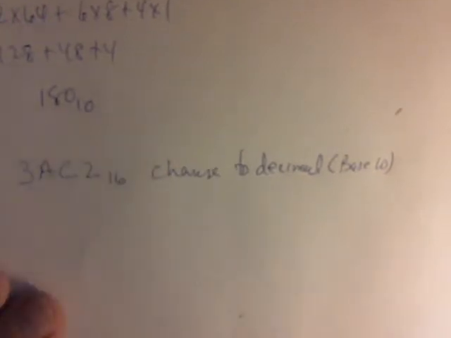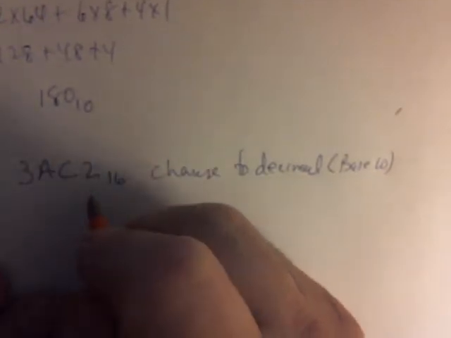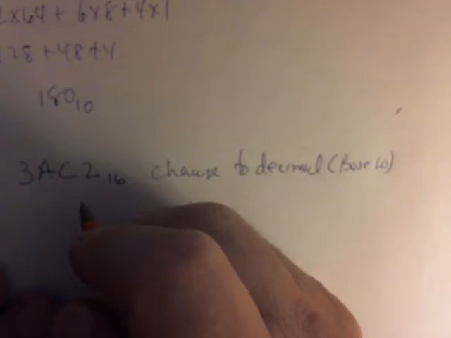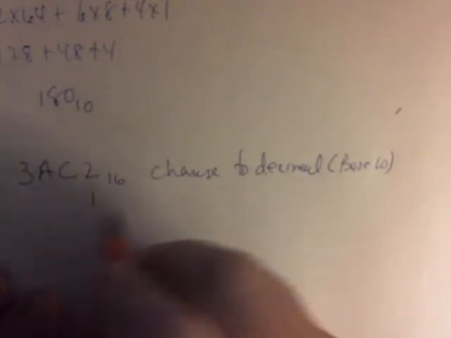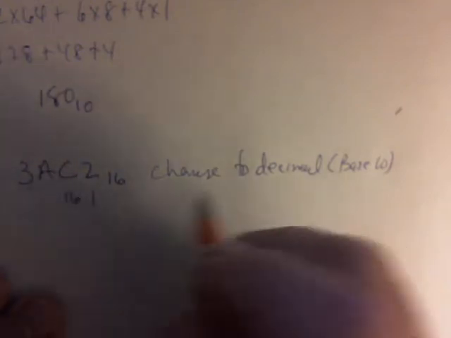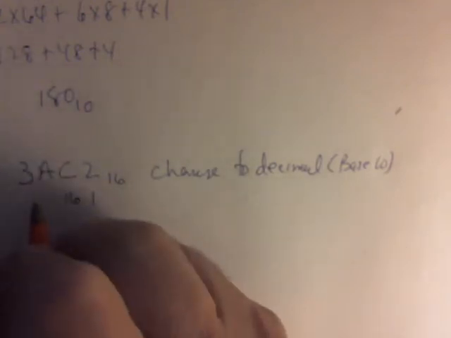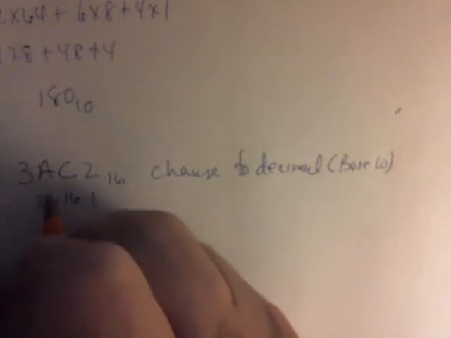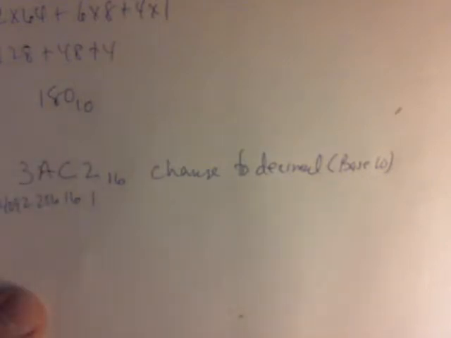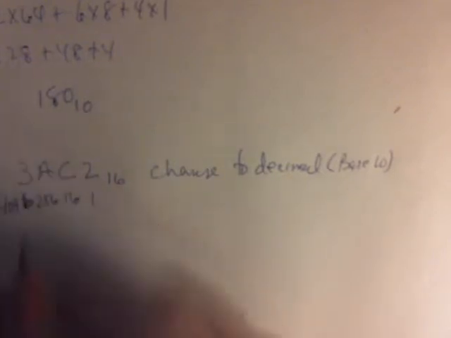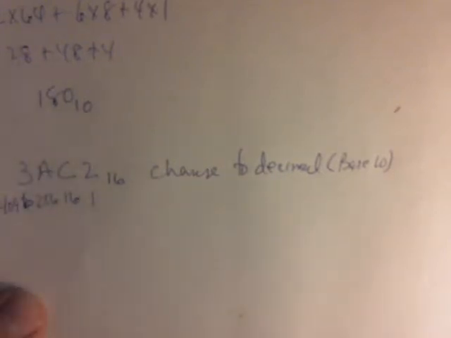So this still is my ones place. This right here now is my 16s place. Remember, this is 16 squared, which is 256. And then this third place is 16 cubed, which is 4096. Okay.